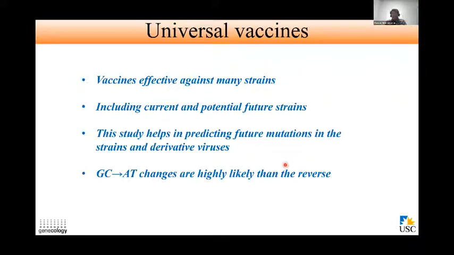This study helps to predict what the future mutations potentially will be, because we know the future strains may differ from SARS-CoV-2 mostly in mutations that change from GC to AT. This gives a kind of predictive power, so that we could keep this in mind while developing a vaccine that is effective against this virus as well as the ones that are going to be derived from SARS-CoV-2.